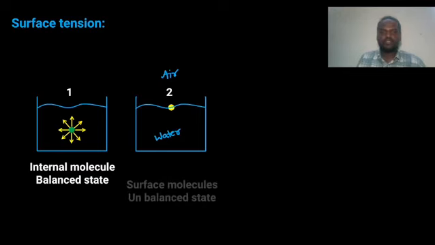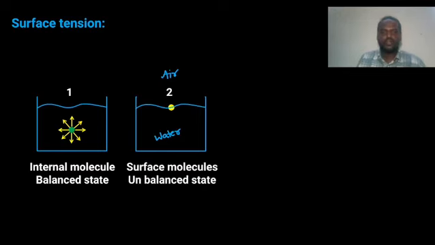Like this. Look at this. This is a surface molecule in an unbalanced state due to net downward pull. If you look at the top of that molecule, there is no water, air only. There is no force from the top, only from the bottom. That particle is subjected to net downward pull.